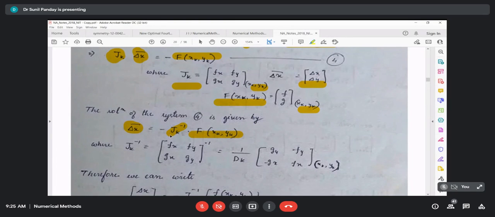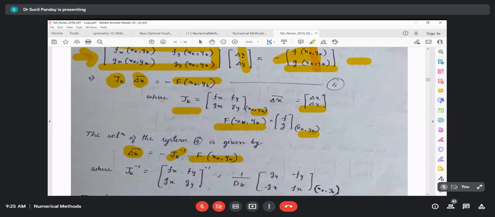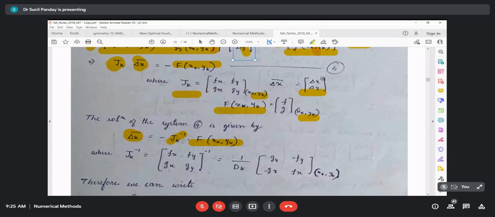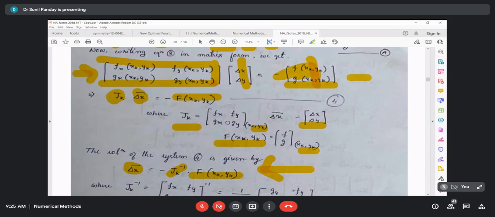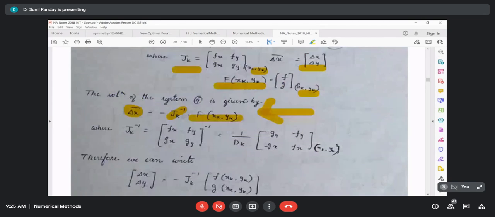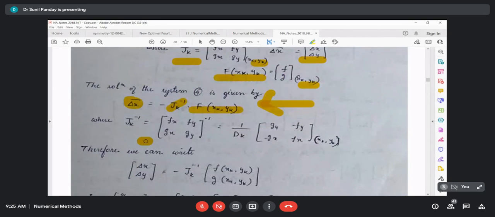And what is delta x bar? It is delta x and, in the second entry, delta y. So these are all matrices. In matrix form we can solve this system of equations in the two variables delta x and delta y, where jk inverse has to be calculated.